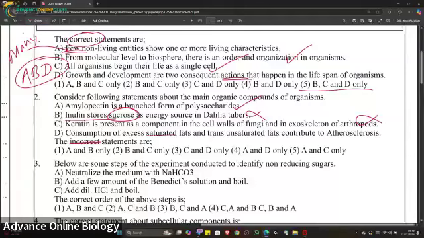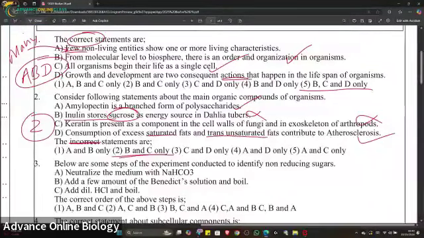Correct. So B and C are incorrect. Second one is the answer.